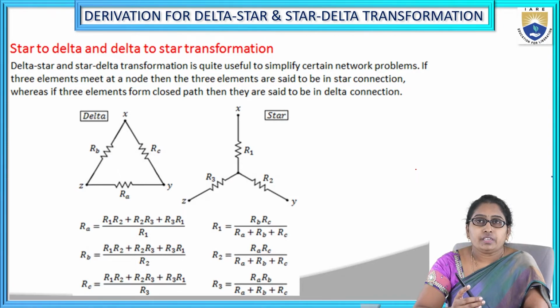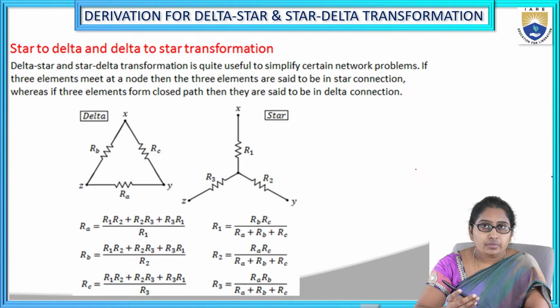Here we are initially showing the delta network and the star network, and taking their transformation equations. This delta to star and star to delta transformation is quite useful to simplify certain network problems.